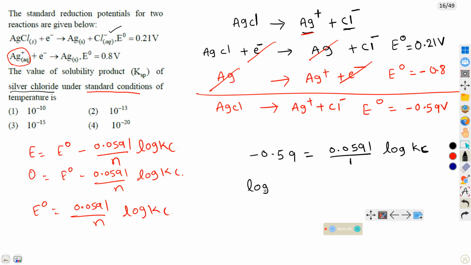Then log Kc is equal to minus 0.59 by 0.0591. Simplify, you will get nearly minus 10. Then Ksp is equal to Kc is equal to 10 power minus 10. First option correct.